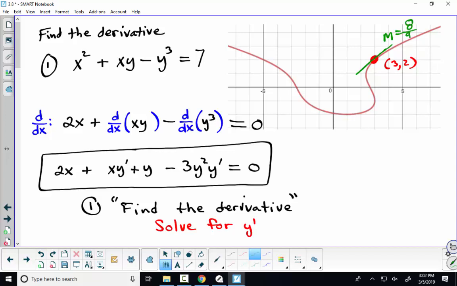So then with the slope of the tangent line and the point, it would be easy to write out the equation of that tangent line at that point. But, you know, it's kind of beside the point right now. Are there any other questions on that example?